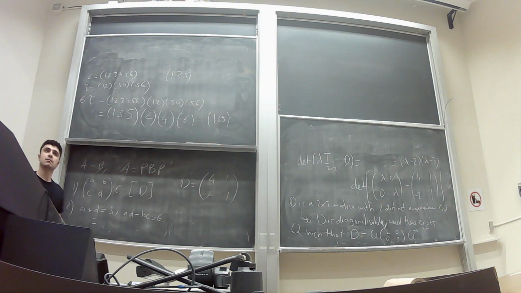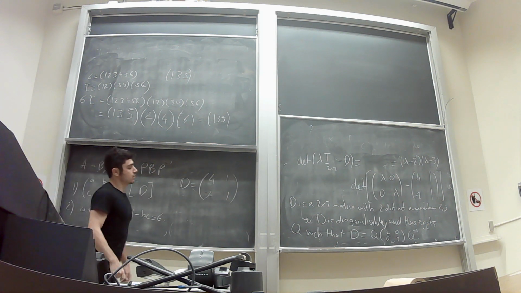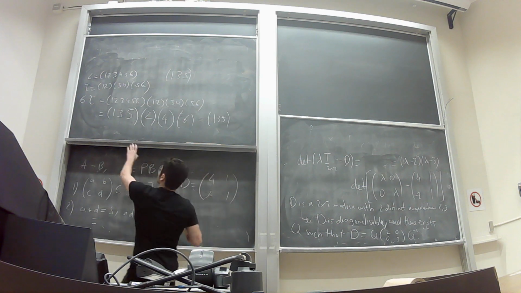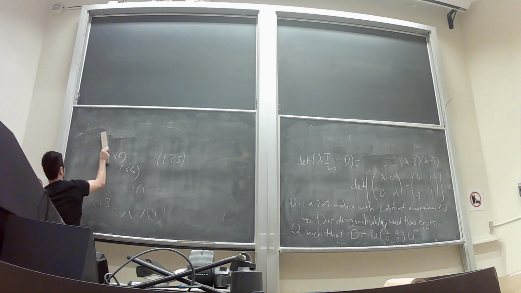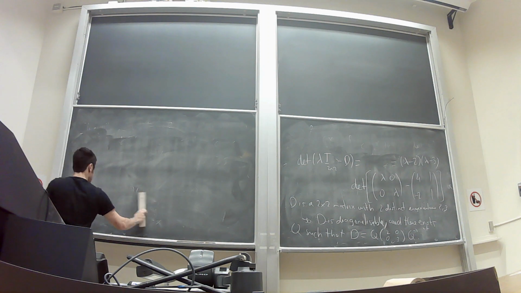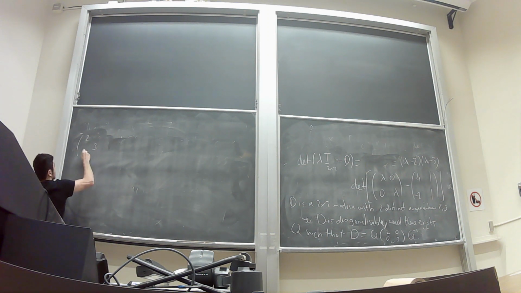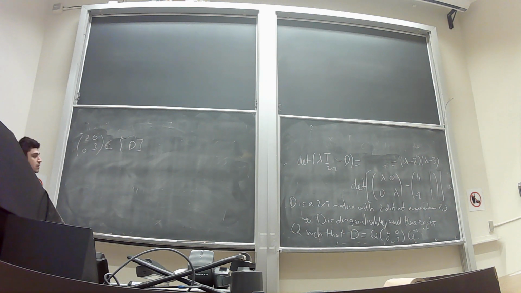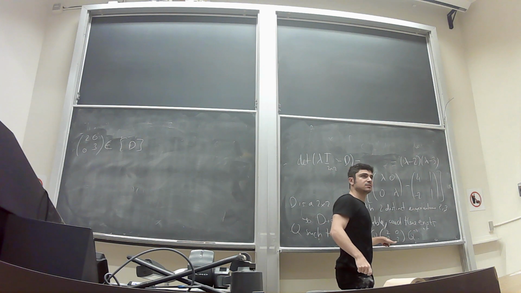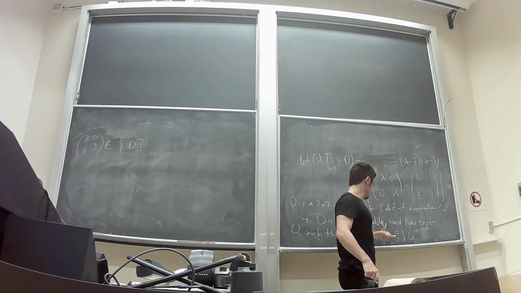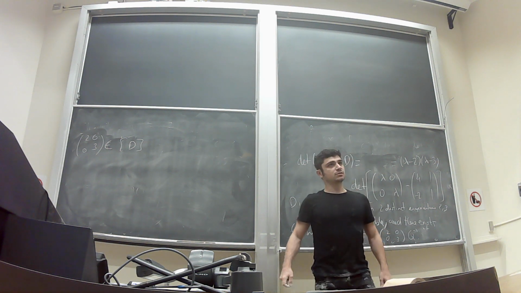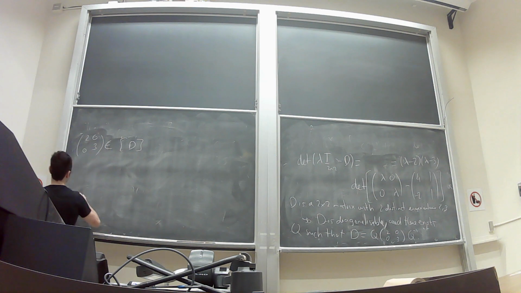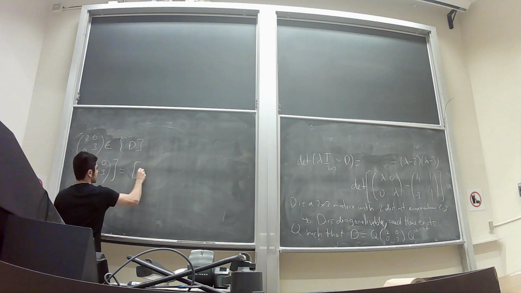Okay? Agree or not? Now, this means that the matrix with diagonal 2, 3 belongs to the equivalence class of D. Agree or not? You can write D is related to that matrix. Because D can be written as Q, an invertible matrix, times the diagonal 2, 3, times Q inverse. So the diagonal 2, 3 is in the equivalence class of D. This means that the equivalence class of the diagonal 2, 3 is equal to the equivalence class of D.